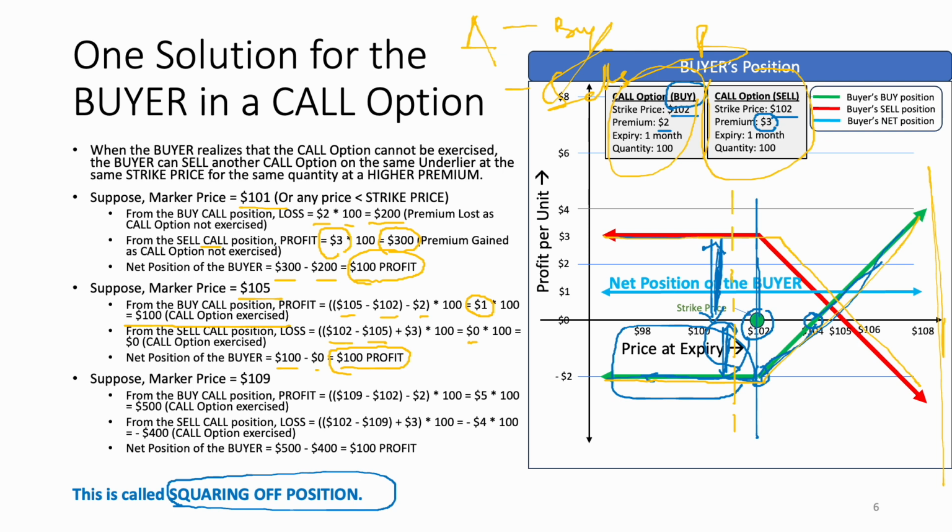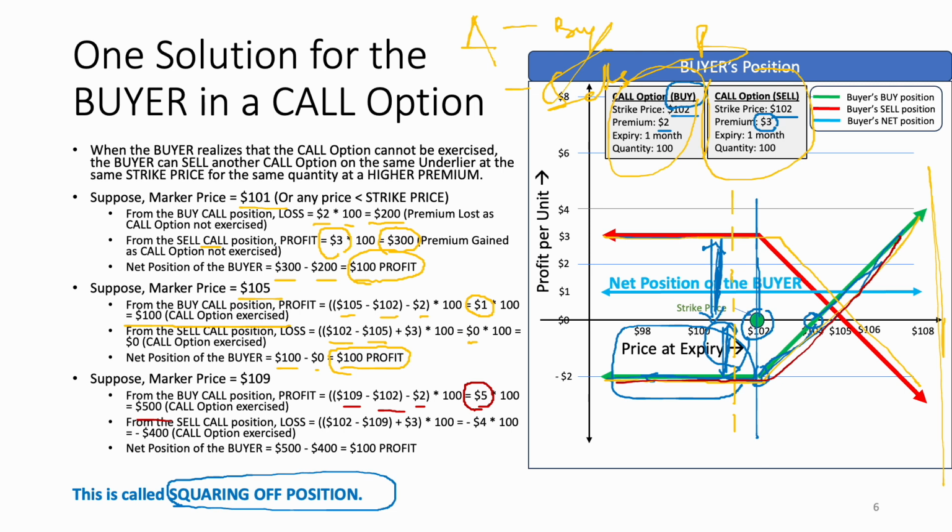After exercising the call option, he will get a profit because 109 minus 102 is 7, minus the premium which he has paid, that is $2. So 7 minus 2 is 5. So he makes a $5 profit for each unit, and he has 100 units, so he makes a profit of $500. So from this purchase of the call option which A has made, he makes a profit of $500.